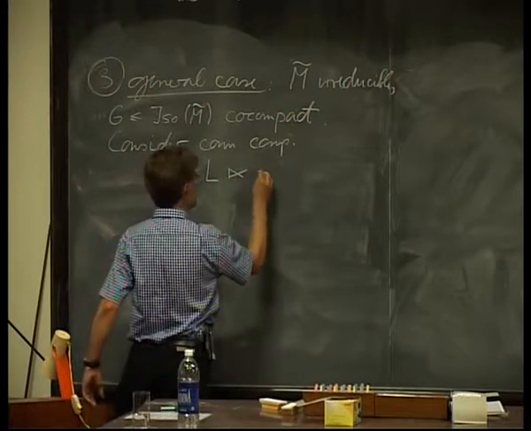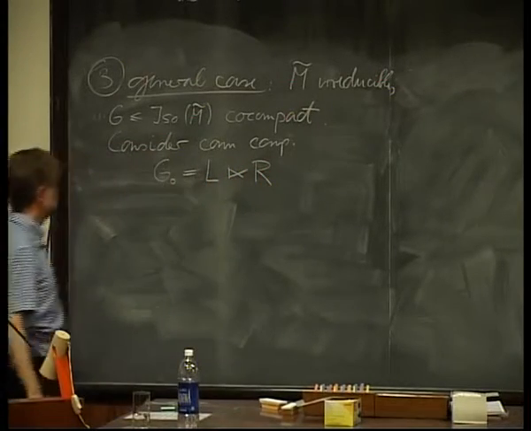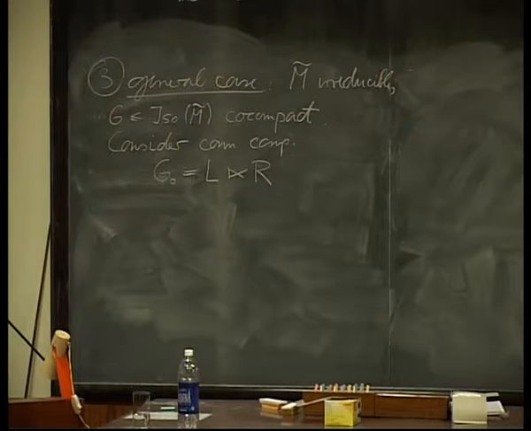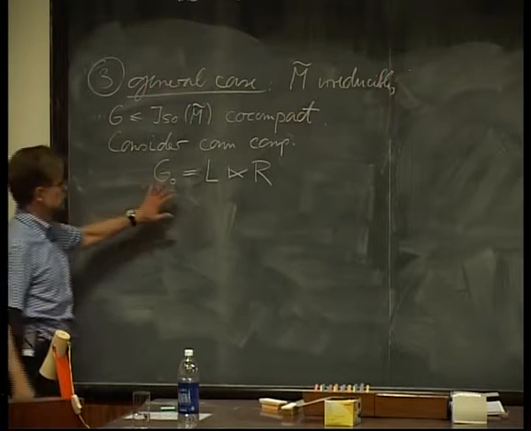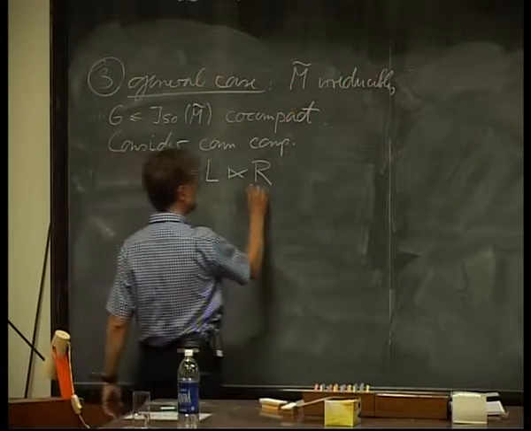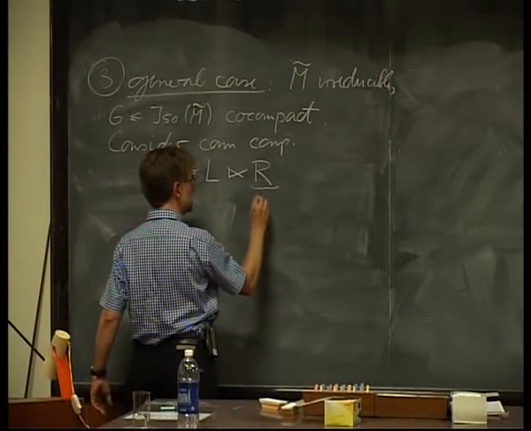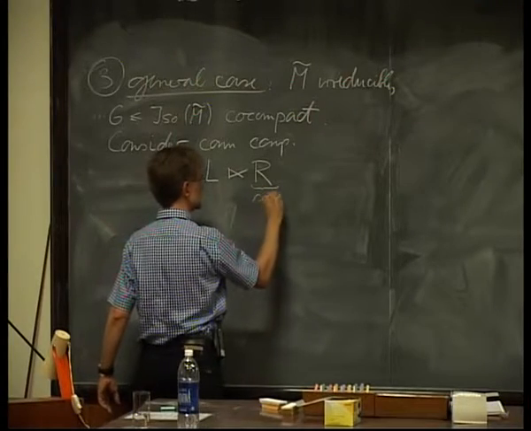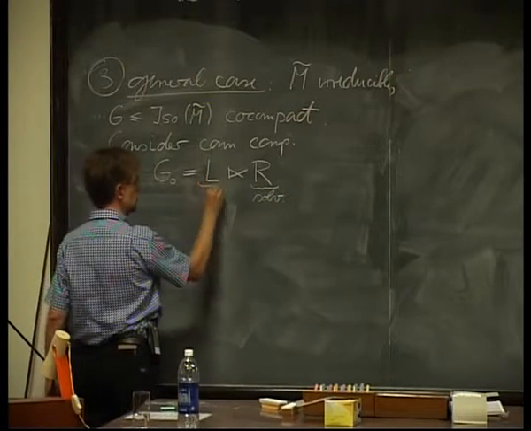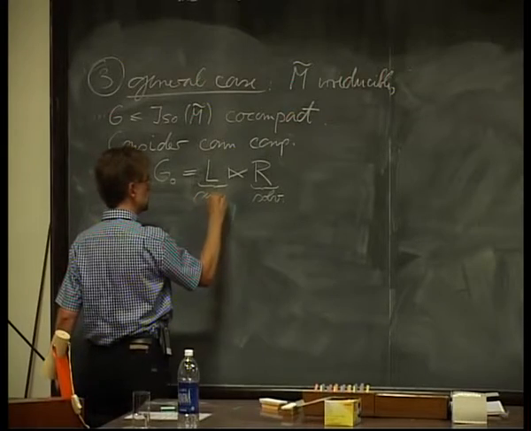So what one has to do is use the standard Levi decomposition of such a connected Lie group. Here we have the maximal solvable normal subgroup, the radical, and here we have a semi-simple complement.